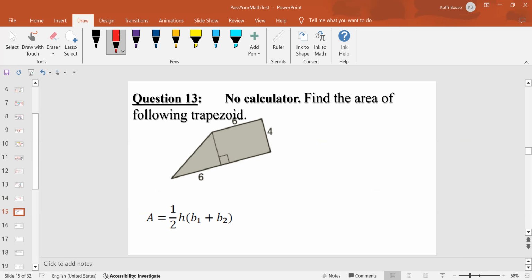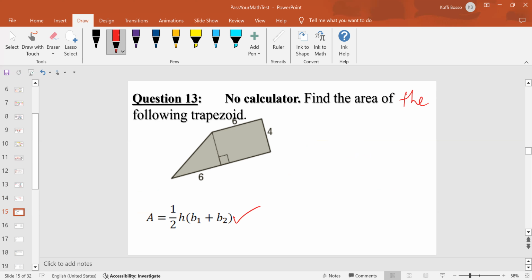Question 13. No calculator, so find the area of the following trapezoid. This is the formula we're going to use, but we need to know what the height is.